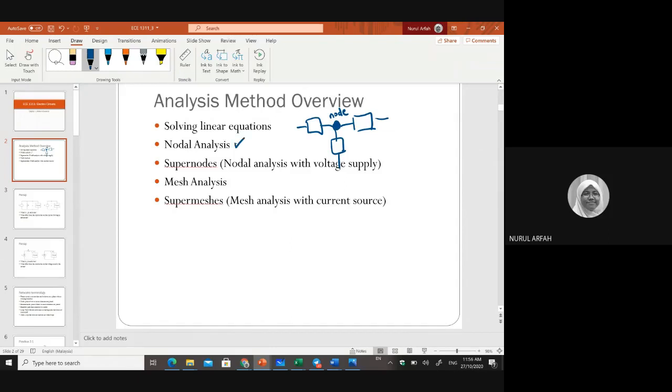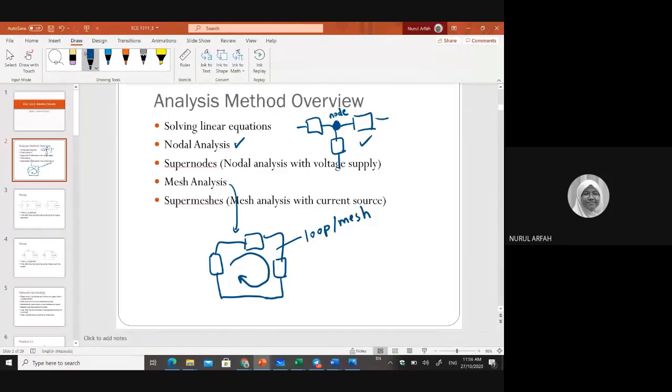A mesh is when you have a closed loop or a closed circuit like this. As long as this is a closed circuit, we call it one single loop, and this is also called a mesh. So in nodal analysis, we apply current input equal to current output, or the summation of current input should be equal to the summation of current output.